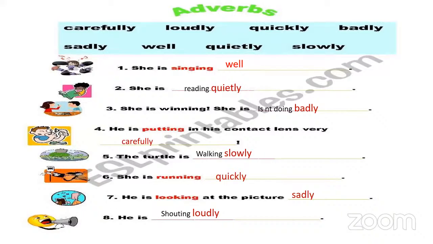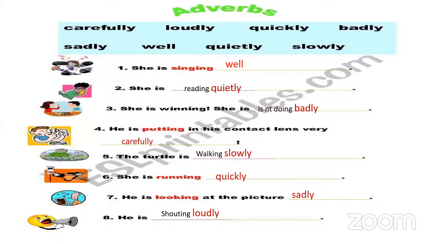Right. Next one. She is winning. She is not doing badly. Here I have used the adverb badly. Next one. He is putting in his contact lens very carefully. Because it's an action that must be done very carefully.